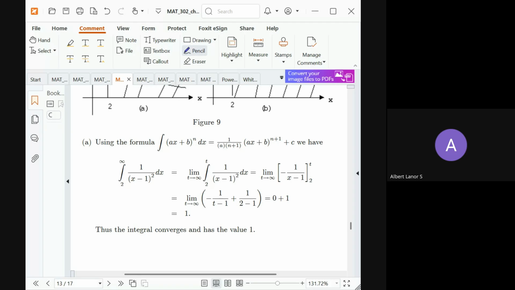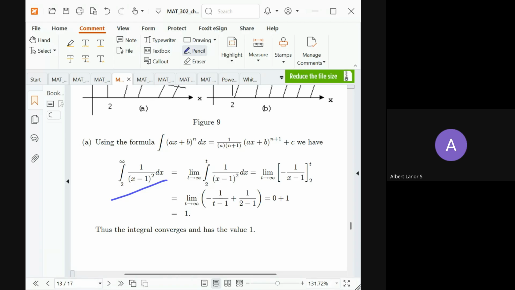So in this example, we want to integrate 1 over (x minus 1) squared dx. To integrate this function, you use the one that we did earlier. You take the power, that is -2, add 1 to it, it will be -1.